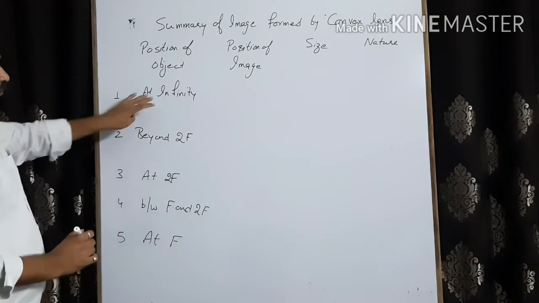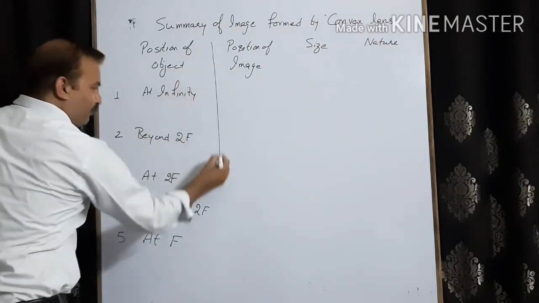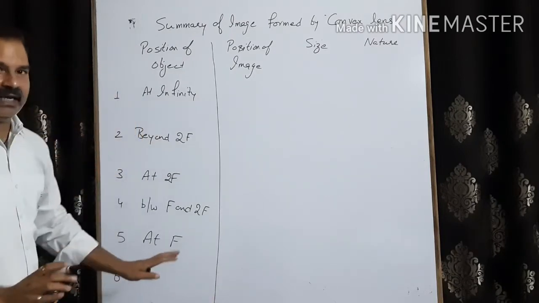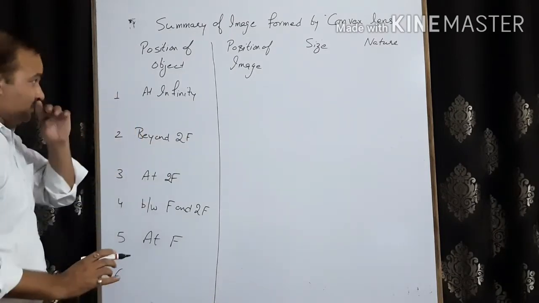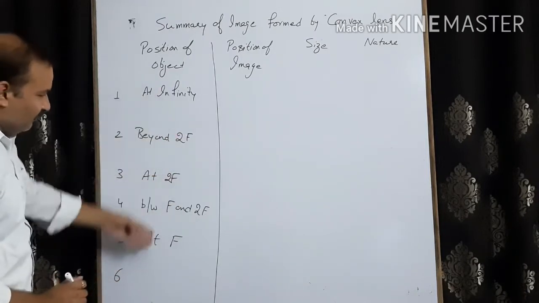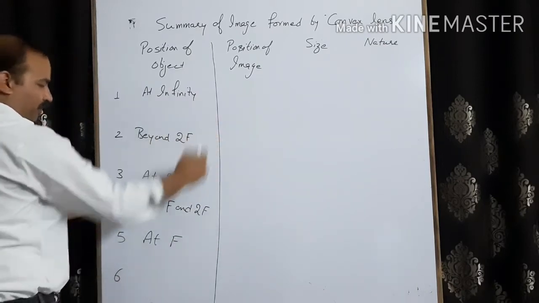Now, how the sixth case I will tell at the last, which I wrote as a special case. Now whatever we have written, now we will write in a reverse order. It means from down to up.